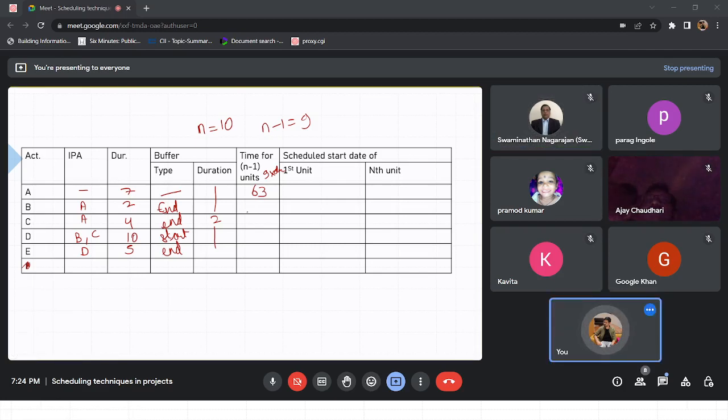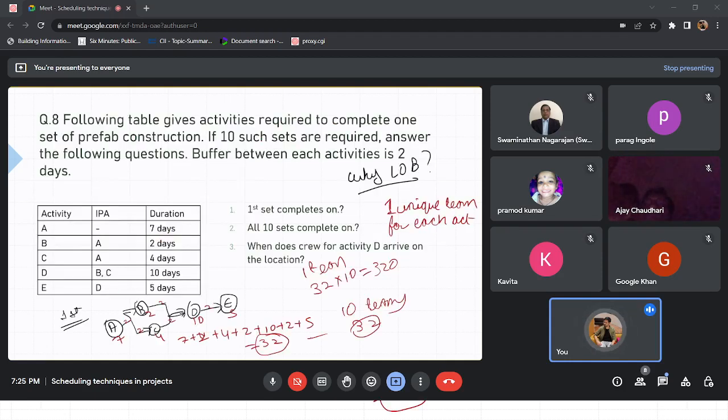Coming back to our table, n-1 unit, we saw why n-1, because we are focused on start of nth unit. So just writing these values. Now schedule start date for unit 1. Let's go back to this network. We see that our critical path moves from A to C to D to E. B is not critical.